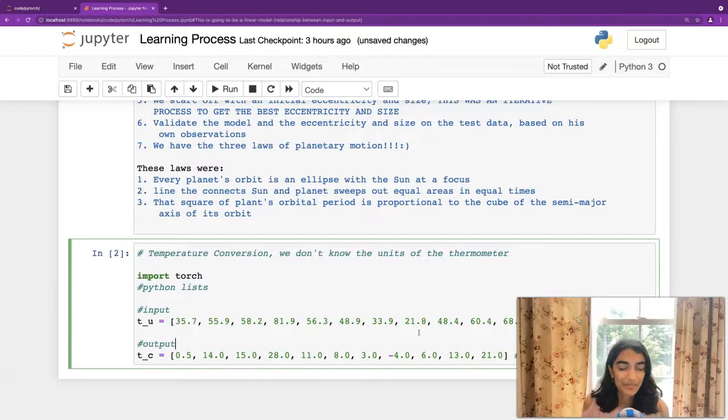I mean, it's accurate, but it's not that accurate. So there's one source of noise. Another source of noise is, first of all, the thermometer might be wrong, and second of all, the accuracy might not be right. And when we convert it to Celsius, it's going to be even further off.